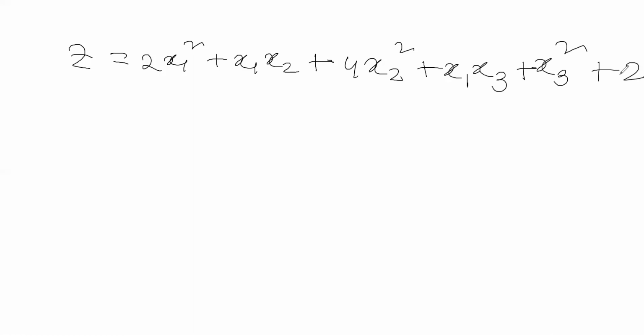So given this equation, at first we need to identify zx1, which will be differentiating the given function z with respect to x1 first only. So it will provide us with 4x1 plus x2 plus x3.